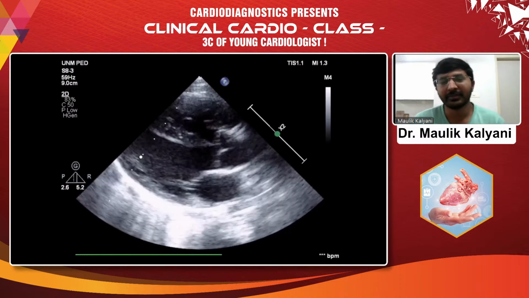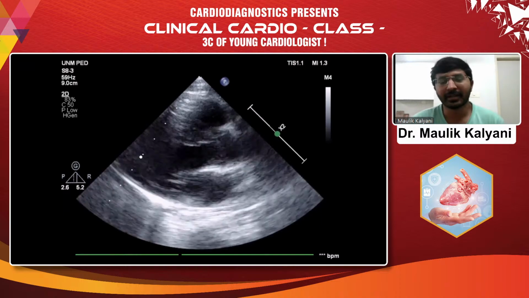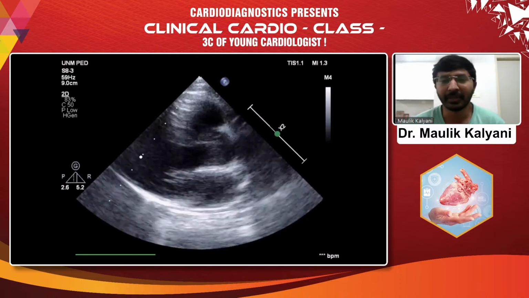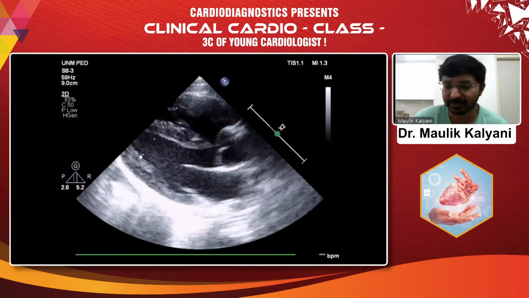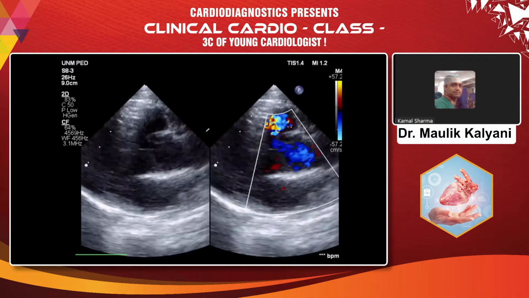Parasternal long axis view: there is a large conotruncal VSD with overriding of aorta, around 50%, with aortomitral continuity present and good LV function.